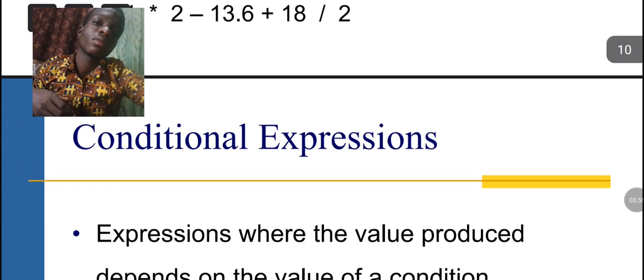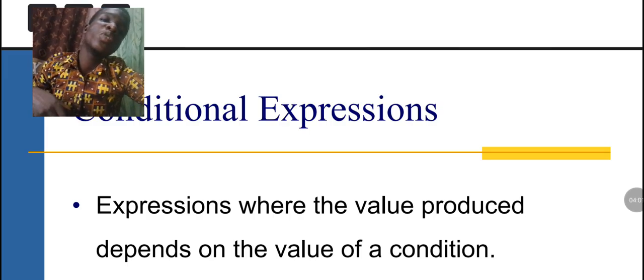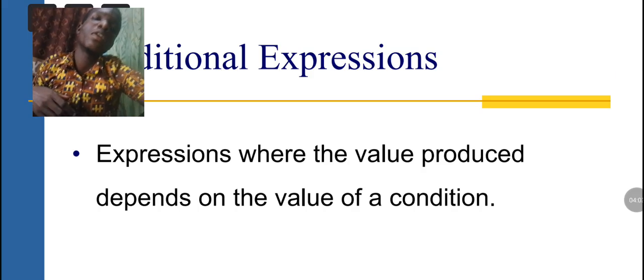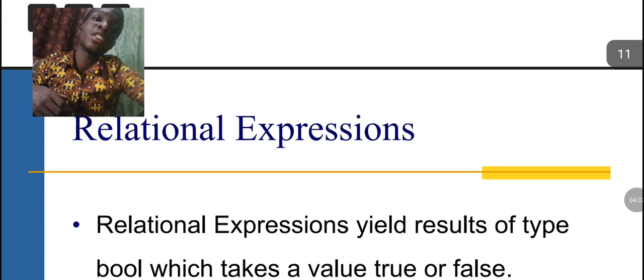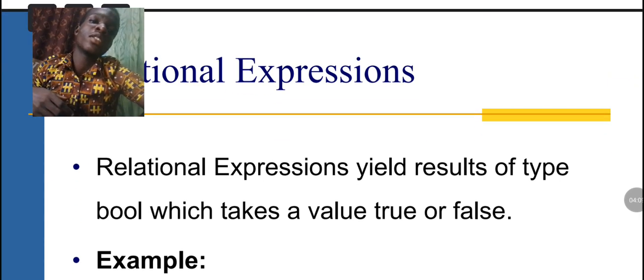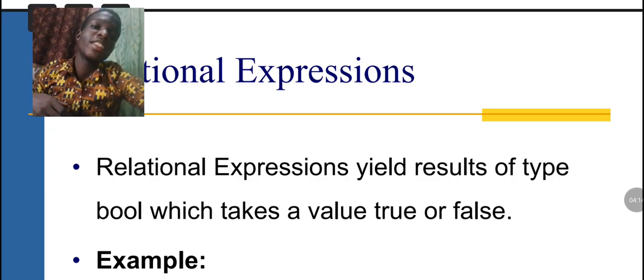Conditional expressions are expressions where the value produced depends on the value of the condition. We have relational expressions. A relational expression yields a result of type bool, which takes a value of true or false.